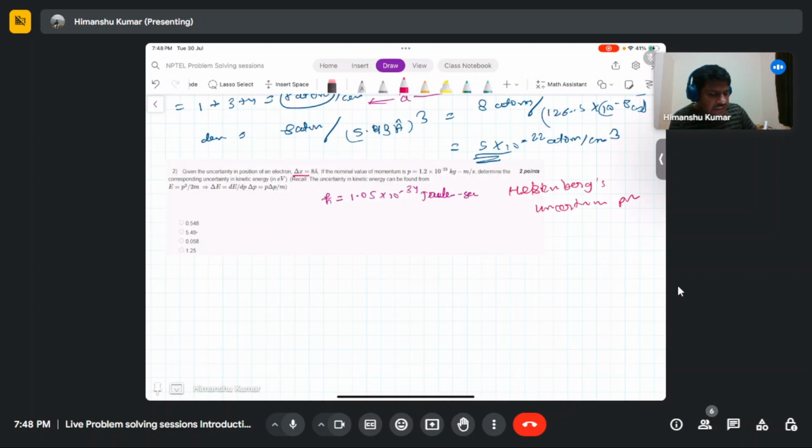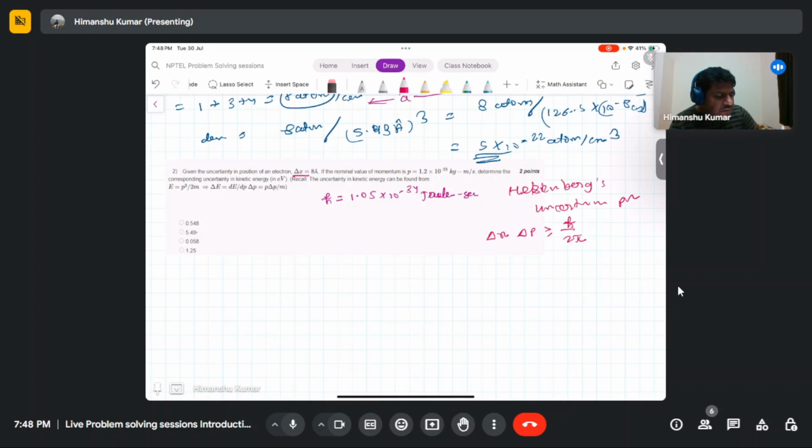So what does it say? At a particular instant of time, the uncertainty in position, delta x, is basically how uncertain your position is, and the uncertainty in p must be greater than h bar by 2 pi.